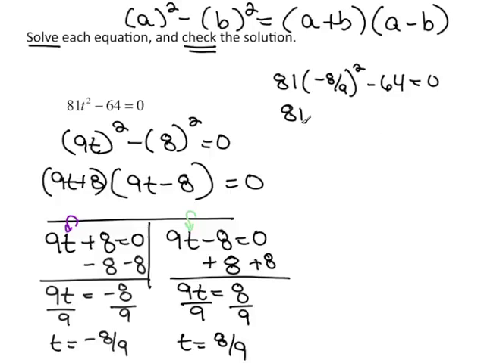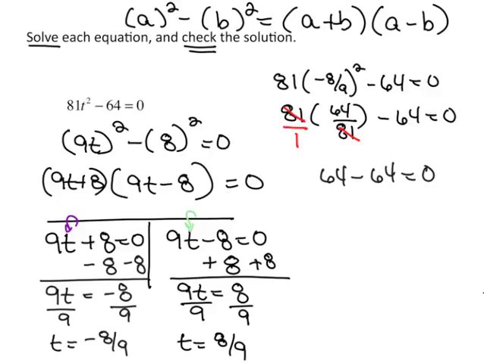Remember, a negative times a negative is going to give me a positive, and 8 times 8 is 64, and 9 times 9 is 81, and then minus the 64 equal to 0. Any number can be written as a fraction if we put it over 1. With these fractions, I can cross cancel the 81s. So then I'm left with 64 minus 64 is equal to 0.